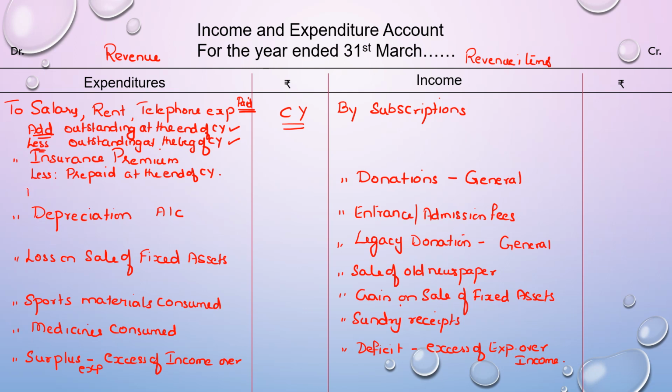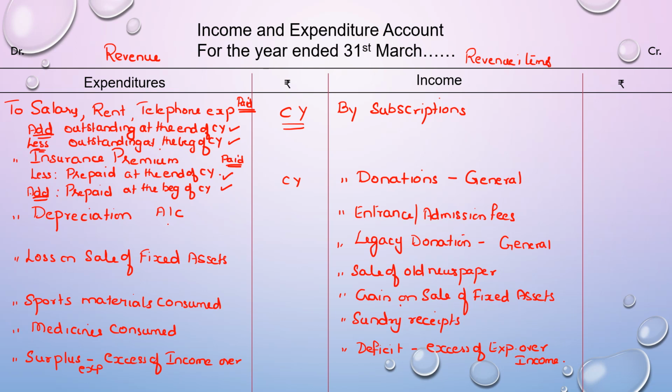So that has to be included because it is related to the current year but got paid the previous year. So prepaid at the beginning of current year is added. This way you start with whatever has been paid, you adjust it for the prepaid and get the current year insurance premium.